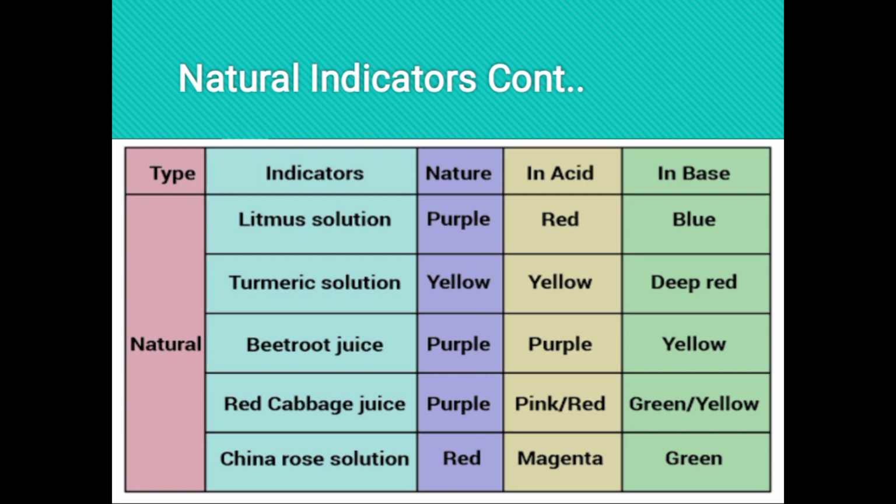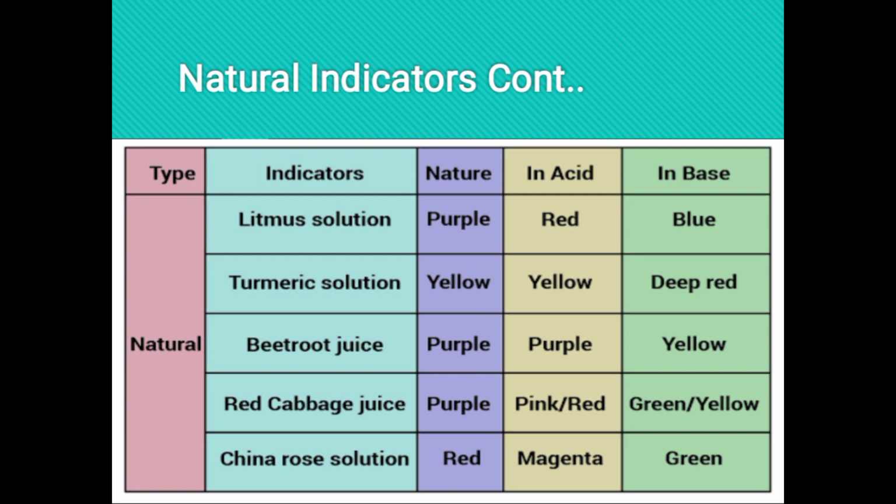Litmus can also come in the form of strips of paper. We have the red litmus paper and the blue litmus paper. The blue litmus paper, when immersed into acidic solution, gives a red color. The red litmus paper, when immersed into a basic solution, gives a blue color.